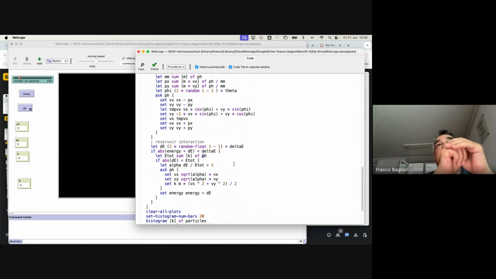This is a problem that was studied by Boltzmann. So the idea is, can they reach equilibrium? Equilibrium means a distribution of energies like the Boltzmann distribution, so exponential of minus something over temperature.